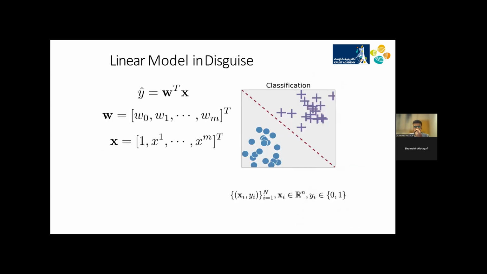Okay, so how does this thing work? This thing is actually the same as what you studied in linear regression, and it is just actually a linear regression model in disguise. So in the linear regression model, what you have is that the output is just the product of the weight matrix and the input matrix.